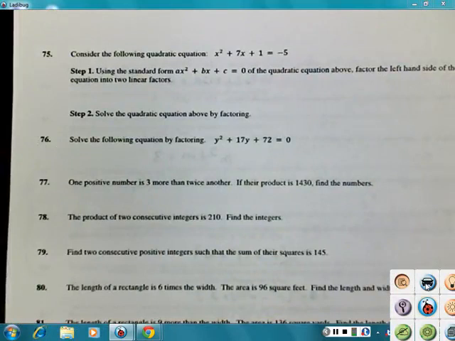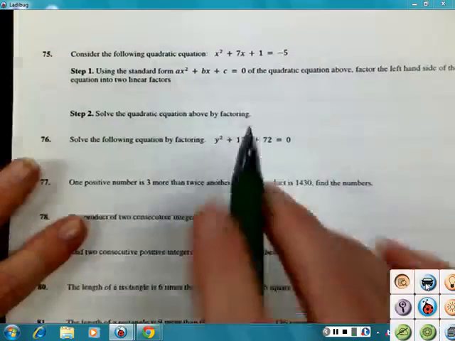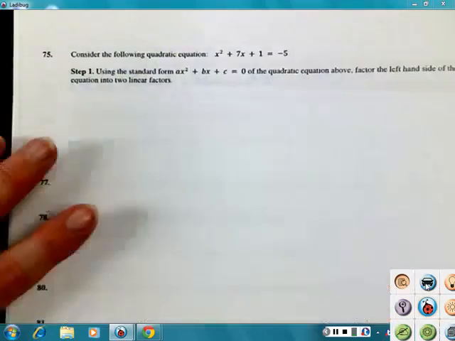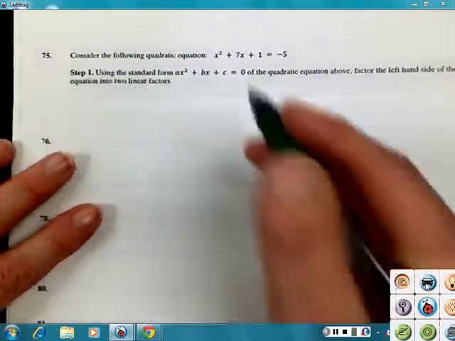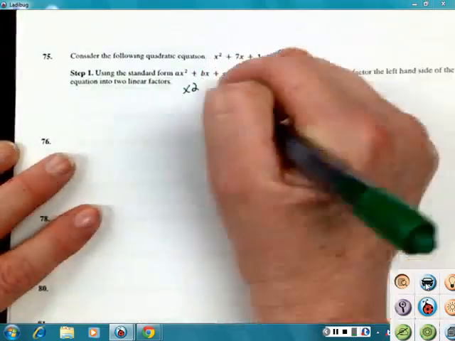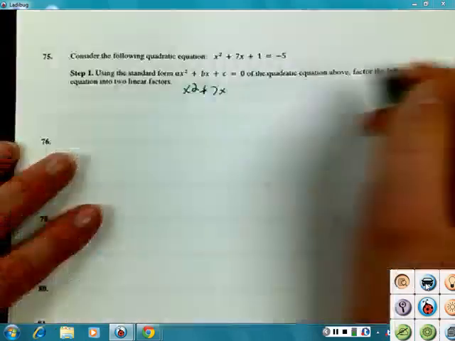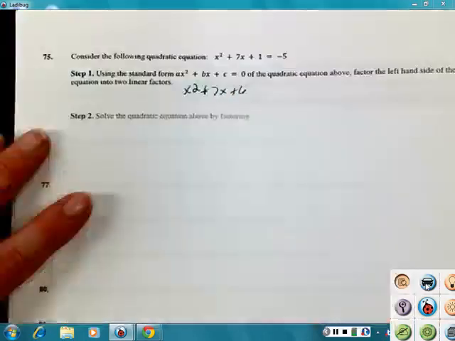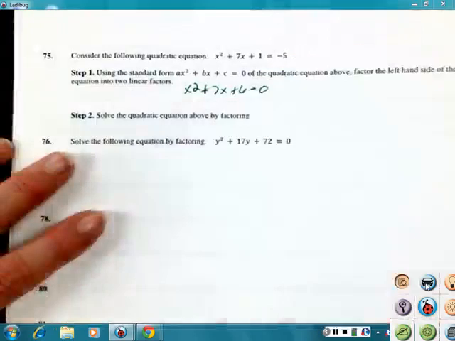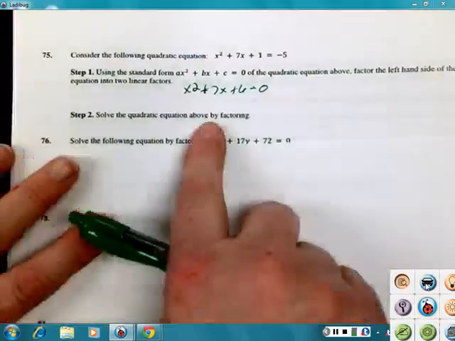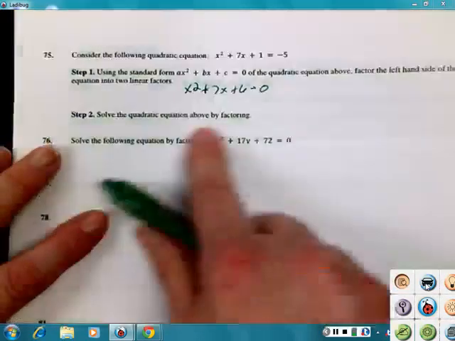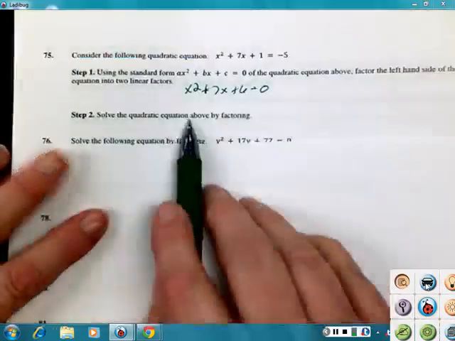So, what do we have to do? X squared plus 7x plus 6 equals 0. Then do I have to factor it there? Yeah, I think I do, because I need to come up with what I solve the quadratic equation above by factoring. So now I get step 2.